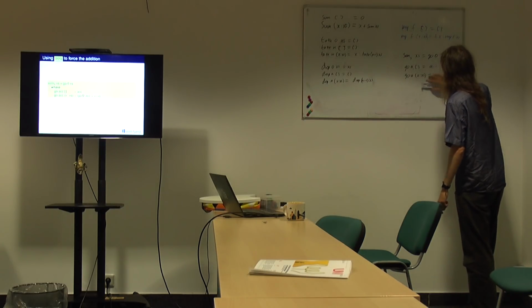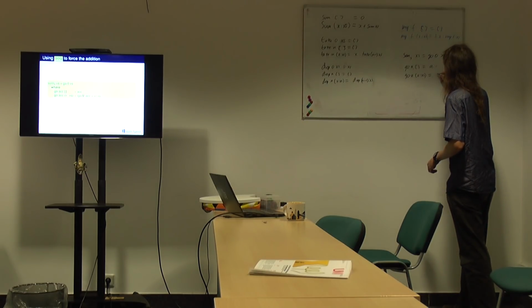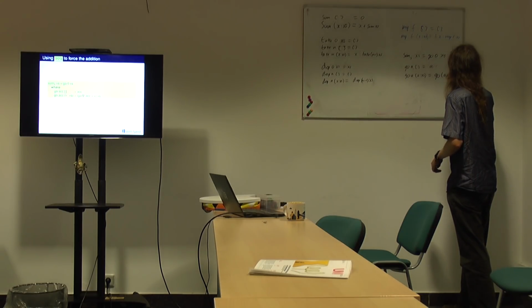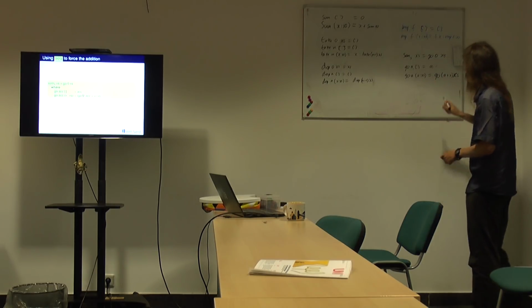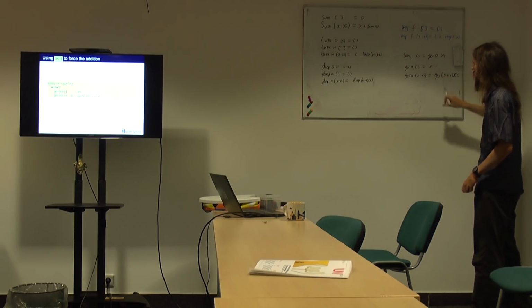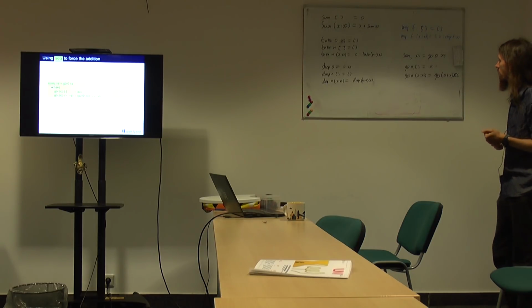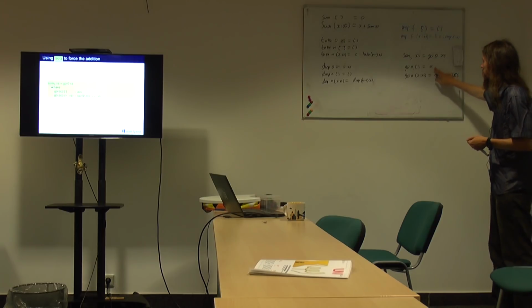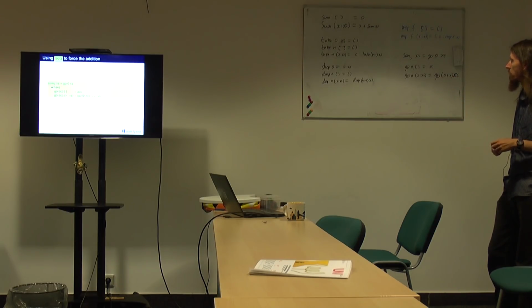Let me just write this anyway. So where were we? go a (x:xs) = go (a + x) xs. As an alternative to using the seq operator or things based on the seq operator, we can use bang patterns.